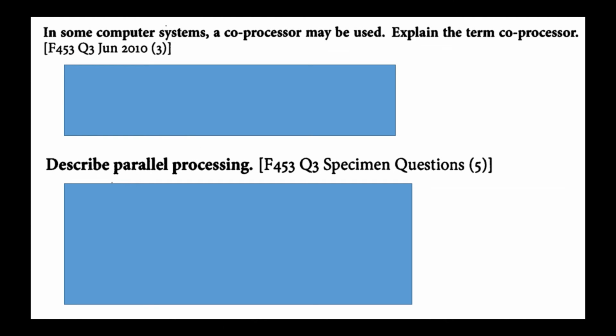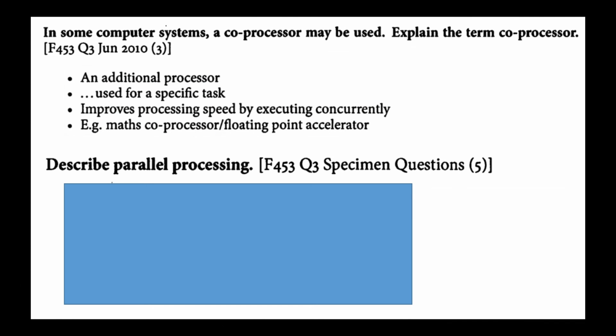In some computer systems there is a coprocessor, so explain the term coprocessor and then describe parallel processing. So the term coprocessor is an additional processor used for a specific task, which improves processing speed by executing concurrently. An example that you could have given is the maths coprocessor or floating point acceleration.